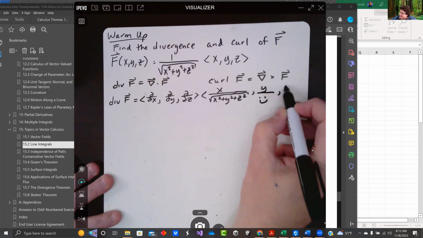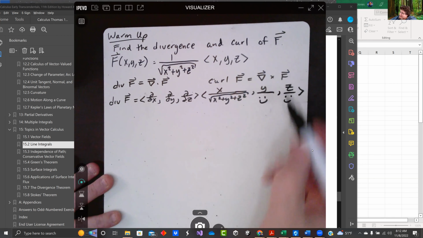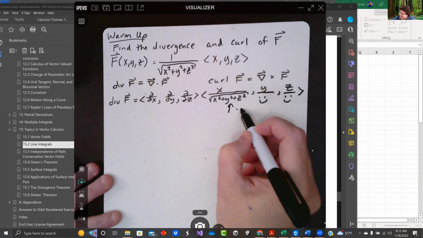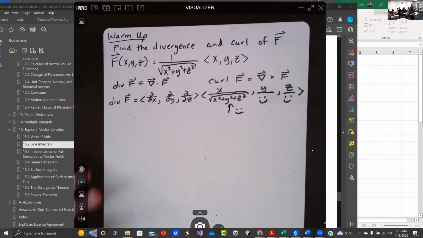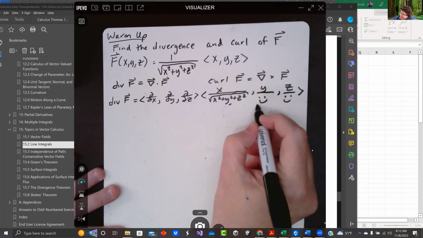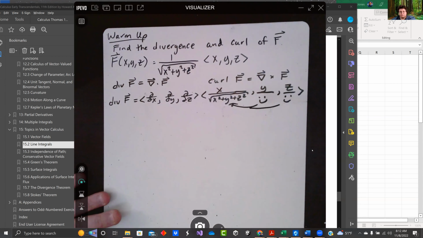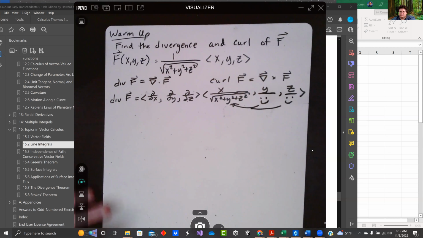And then z. Insert smiley face here. I'm conserving space. I don't even need that. I'll just point from the smiley face to that. There we go. You know, there's nothing wrong with coming up with your own variables.